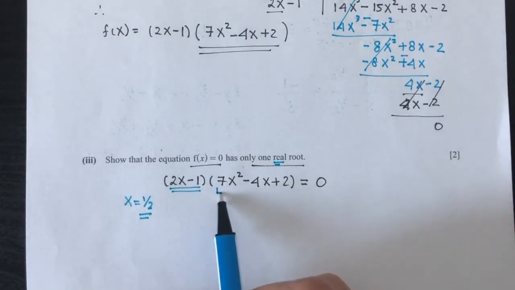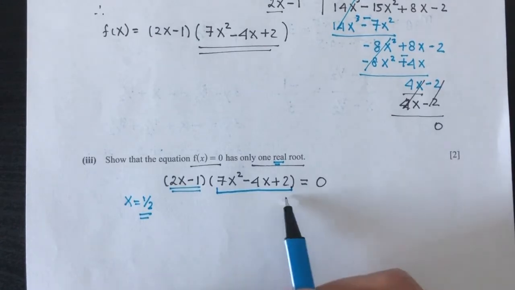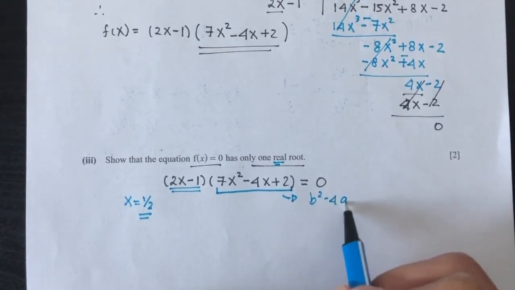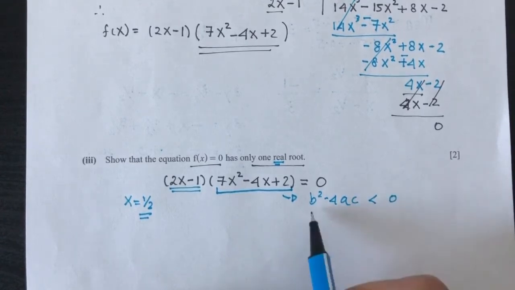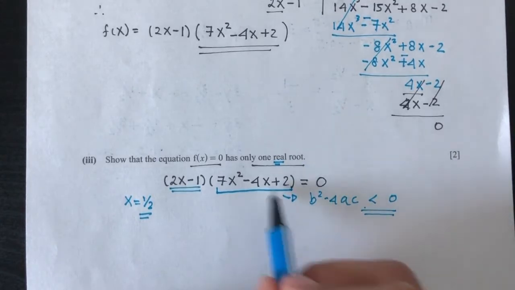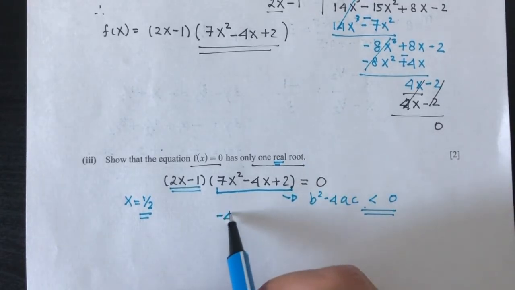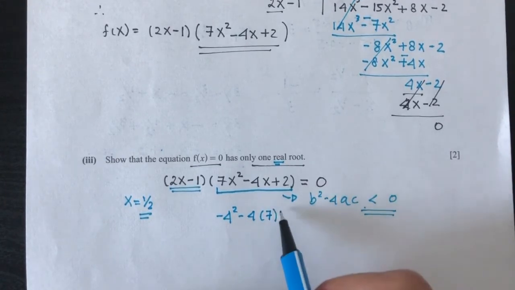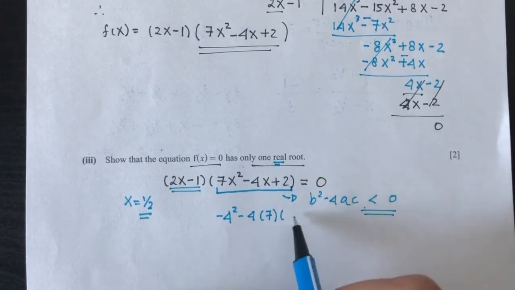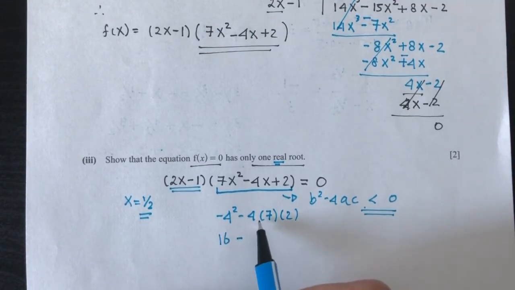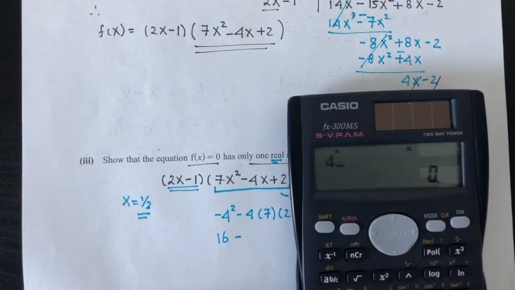Now for this one, we have to prove that b squared minus 4ac has to be less than 0. We have to prove that this is true. So here we don't have any real root. So b squared is what? Is minus 4 squared minus 4 times a times c. C is 2. That is 16 minus, so what is 4 times 7 times 2?